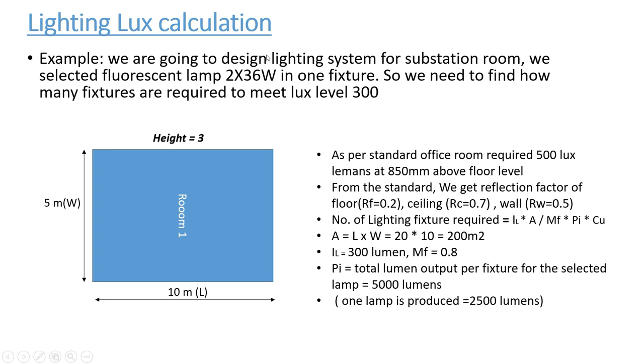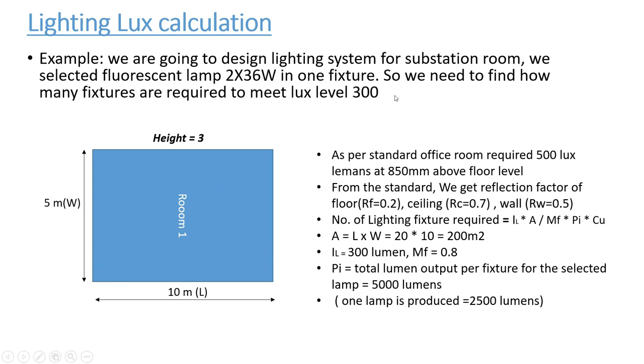Just consider we are going to design a lighting system for a substation. We are going to calculate the lighting level for our substation room, and as per the standard, the lighting requirement for the substation is 300 lux at 850 mm above the floor level. So from 850 mm above the floor, the lighting should reach 300 lux.